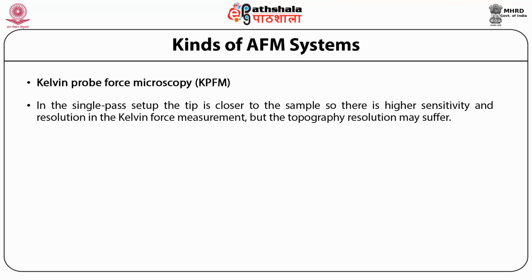In the single pass setup, the tip is closer to the sample, so there is higher sensitivity and resolution in the Kelvin force measurement, but the topography resolution may suffer. In the dual pass setup, the tip is farther away from the sample, resulting in lower sensitivity and resolution, but the topography can be sharper in KPFM.